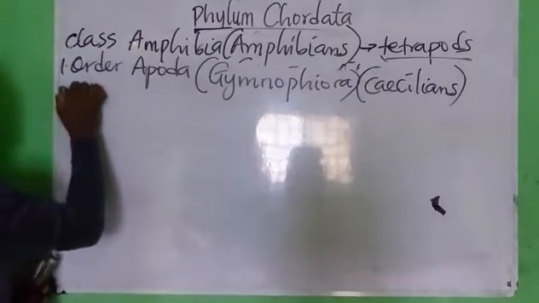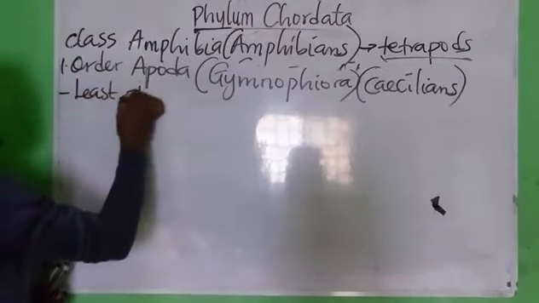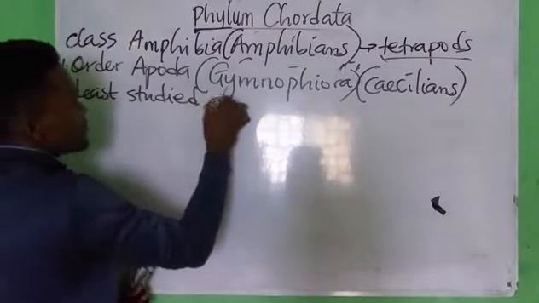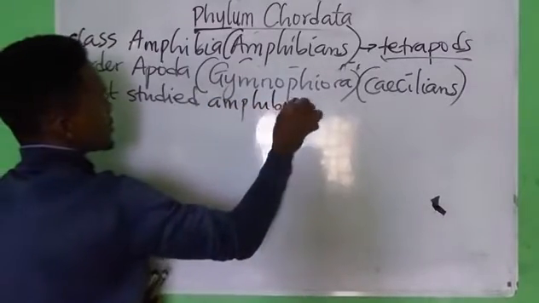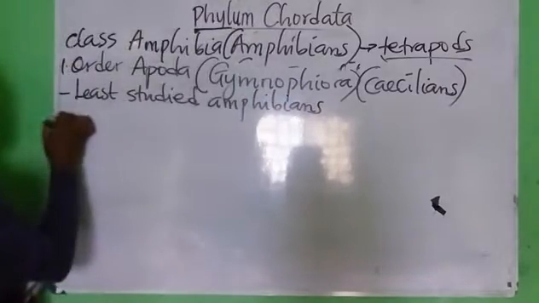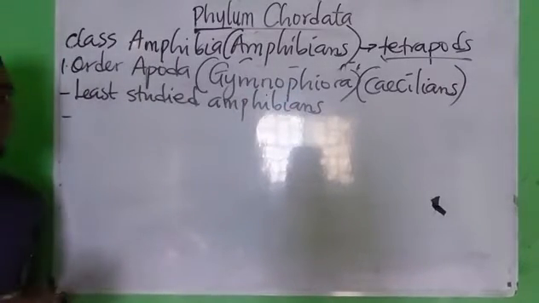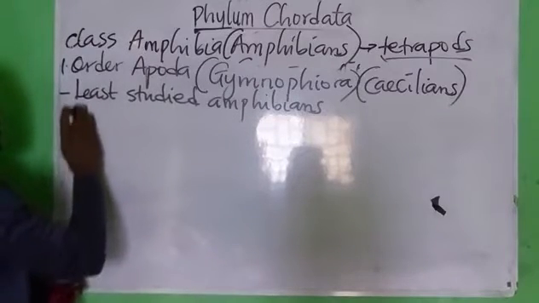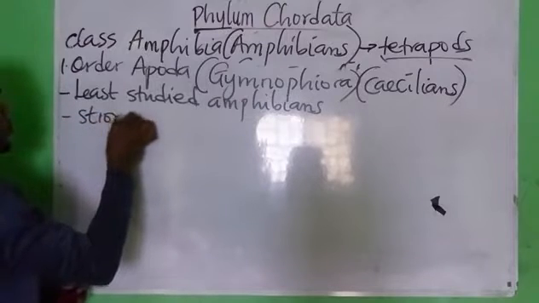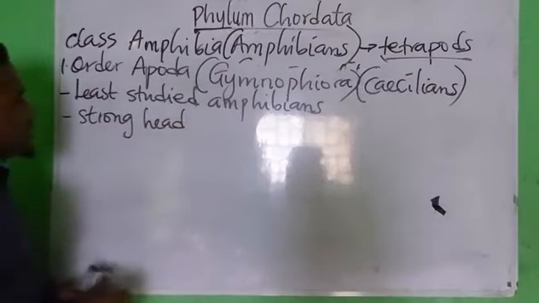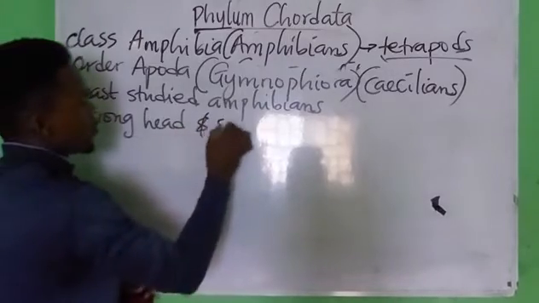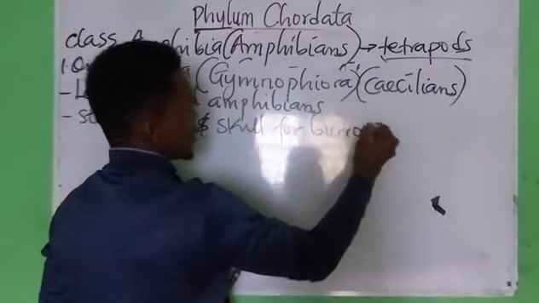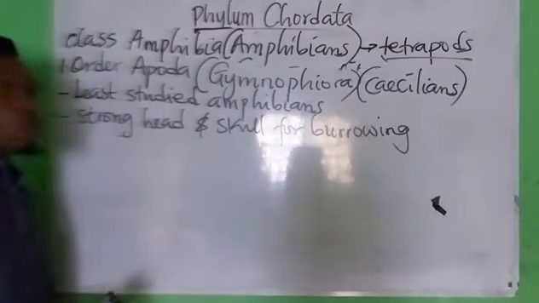Please, these amphibians are the least studied. They are the least studied amphibians, all right? And two, these organisms have a strong head and skull for burrowing.